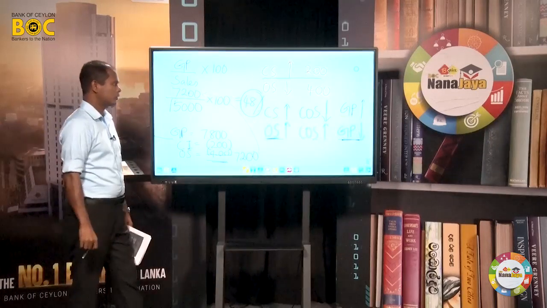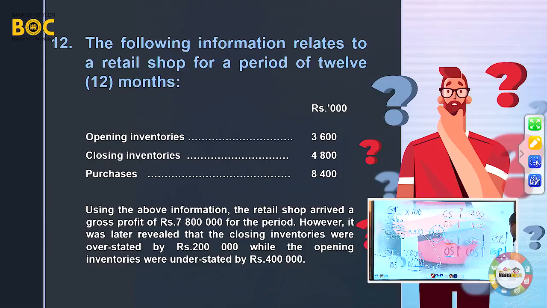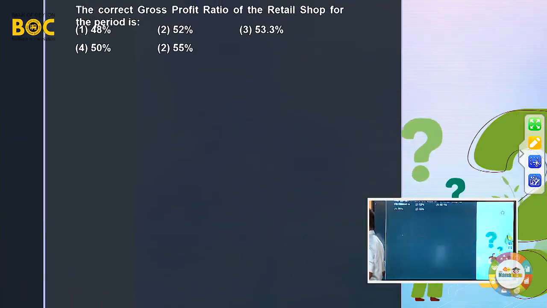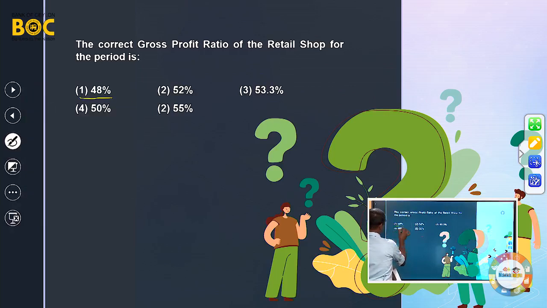The gross profit ratio is 48%. Answer number 1. Right?